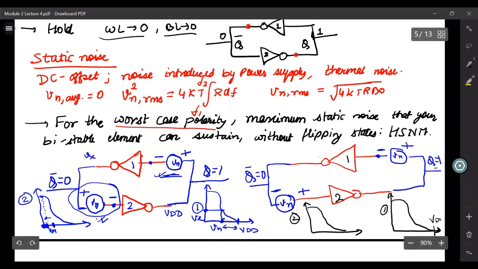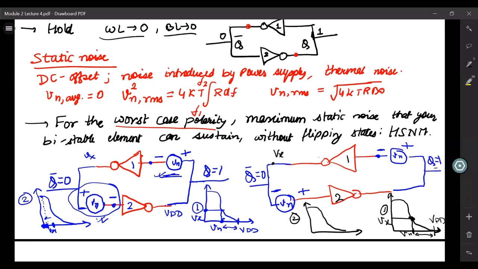So the input was this, and the output was close to 0. Now, the input effectively is VDD minus Vn. So we shifted this input by this Vn. Let us say that we reach this output, which we call Vx. So now we have this Vx, which will be here.